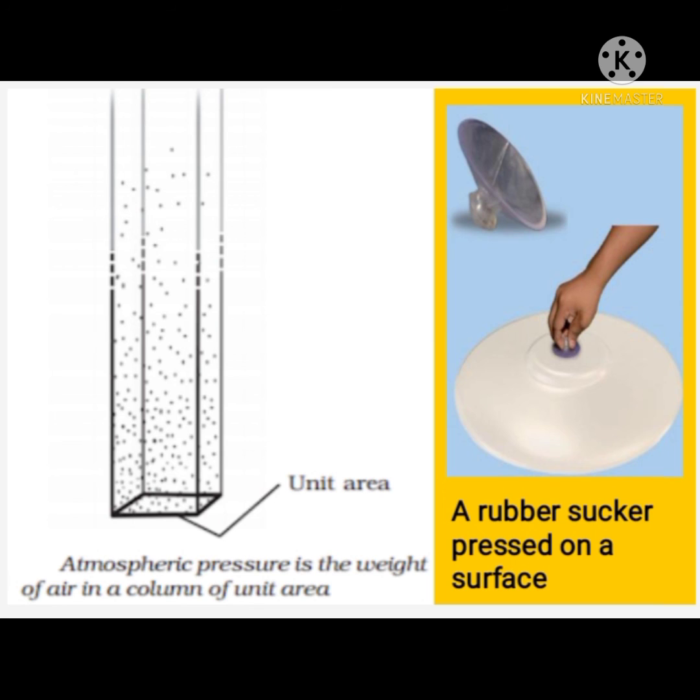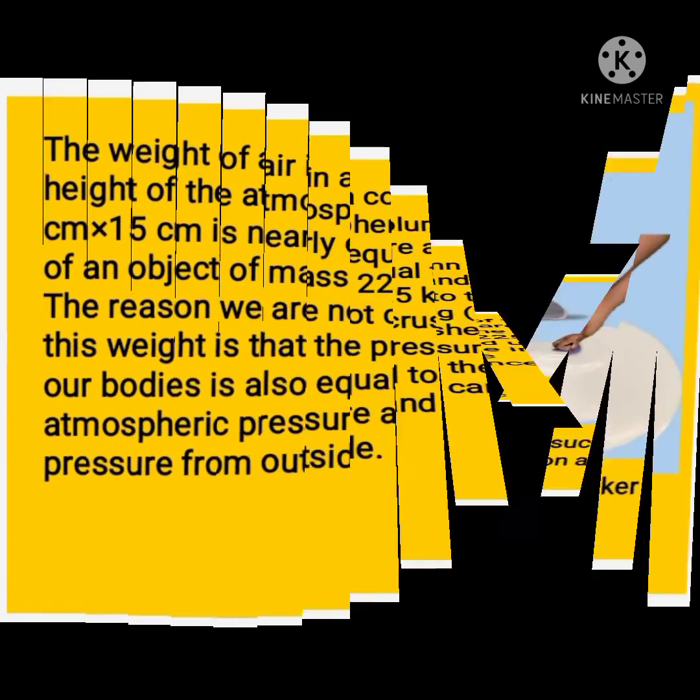This activity might give you an idea about the magnitude of atmospheric pressure. In fact, it would not be possible for any human being to pull the sucker off the surface if there were no air at all between the sucker and the surface.